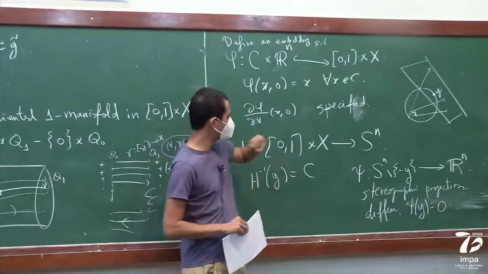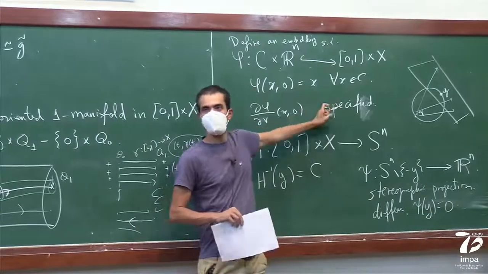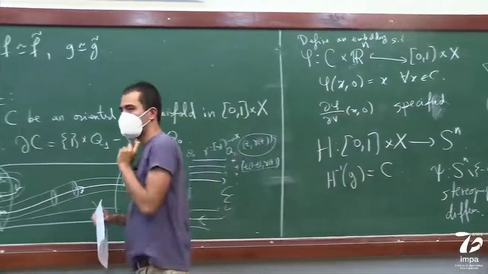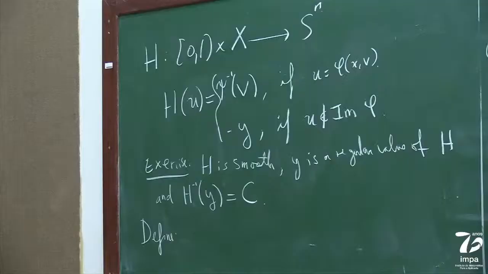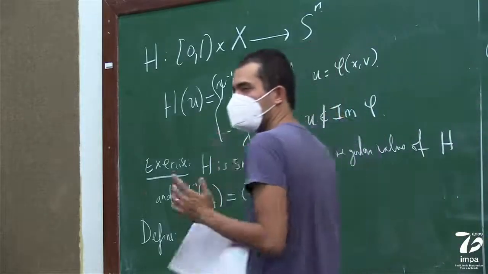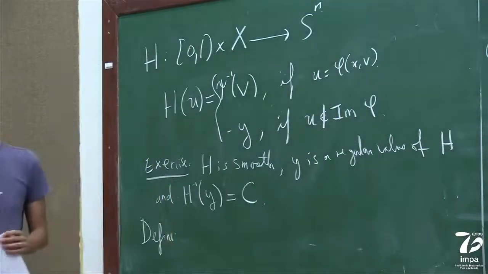and you have these properties here, and I still need to specify what I want here. But in principle, you know that there exists, so far, you can just use any kind of embedding, any tubular neighborhood that you know exists.